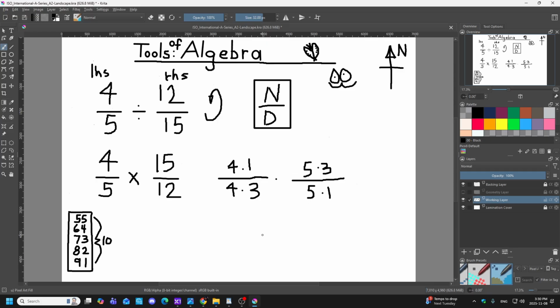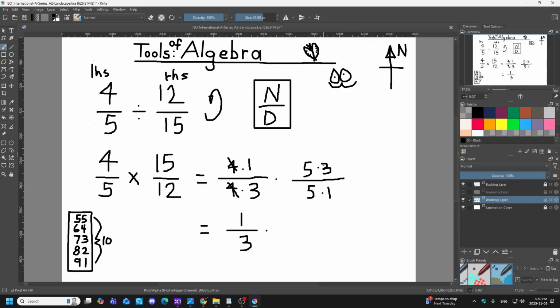Let's cancel. We know that 4 divided by 4 equals 1, right? We can cancel that. We are left with 1/3.